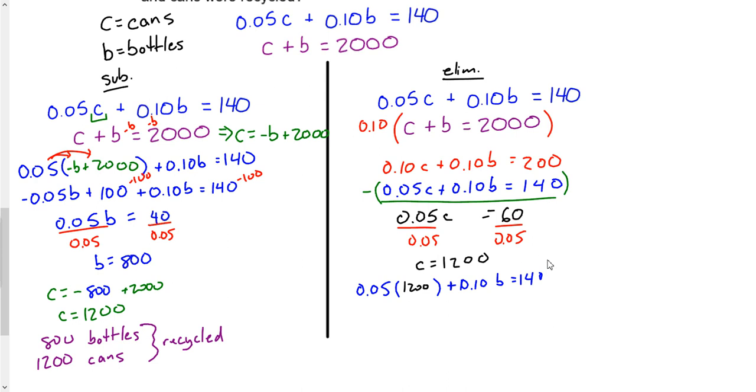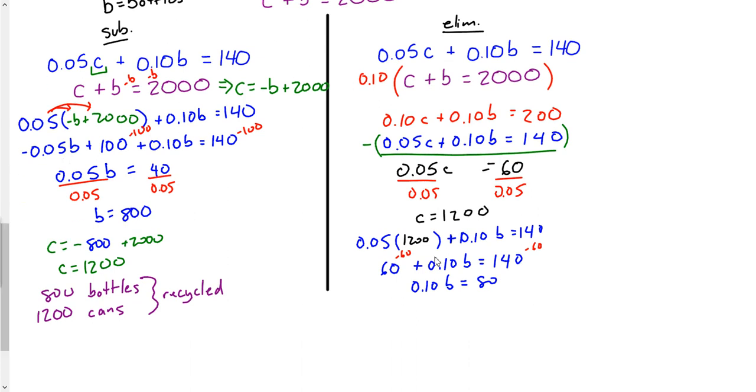Let's see, so our 1,200 by 0.05 is $60, continuing on. I can subtract my 60, get 80 on the right-hand side.